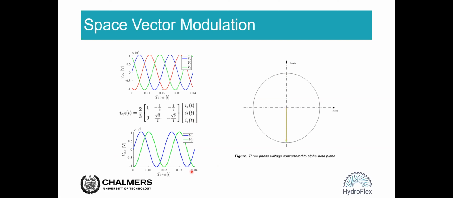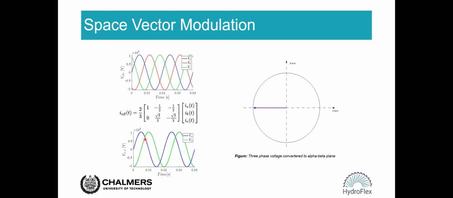And if we put the voltage alpha beta into this alpha beta plane, then we can see it's a voltage rotating on this circle. And one thing we should mention here is that the amplitude of this sinusoidal voltage waveform is the same for both the 3-phase voltage and the 2-phase voltage.